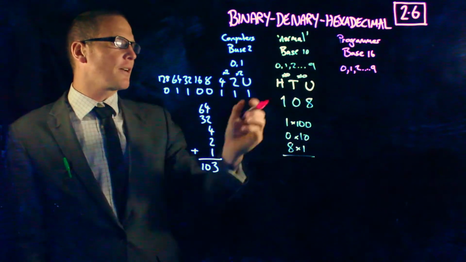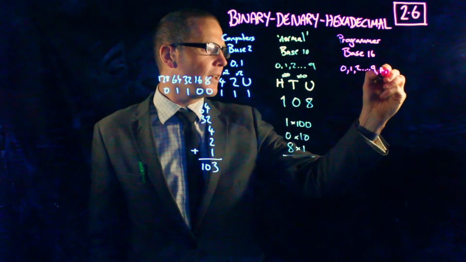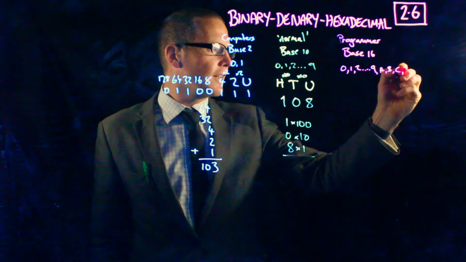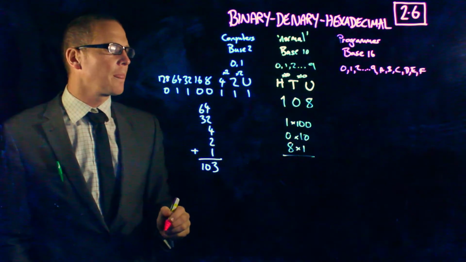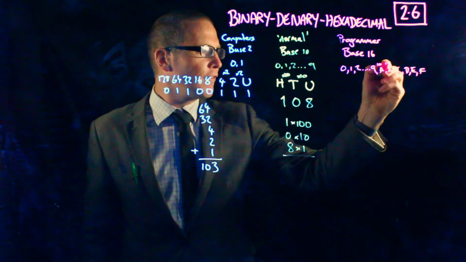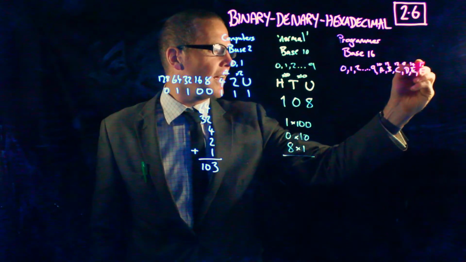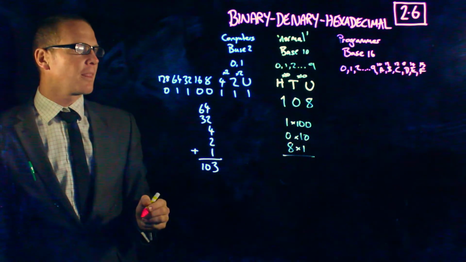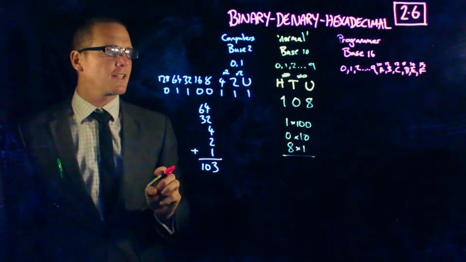And because we've run out of numbers, we then have to use letters. A, B, C, D, E, and F. And so these represent 10, 11, 12, 13, 14, and 15. So we've got 16 different options that we can use in hexadecimal.